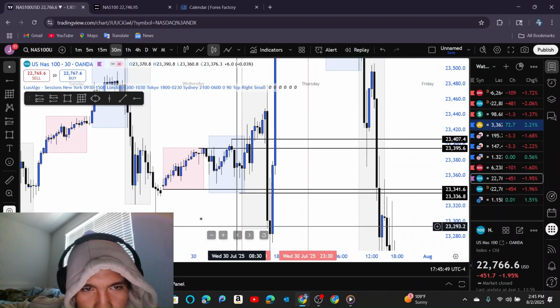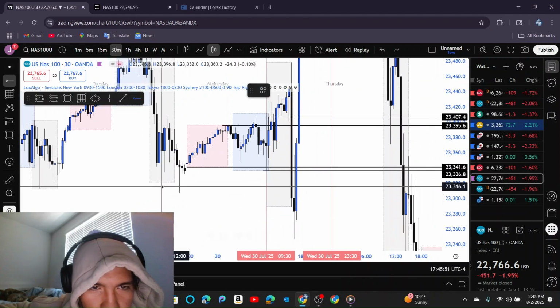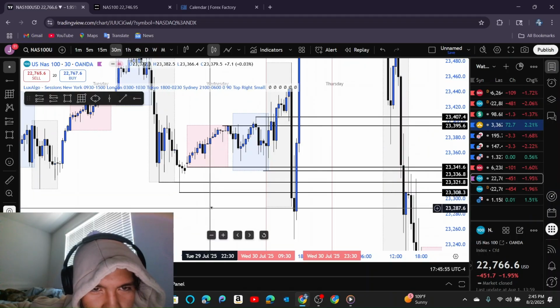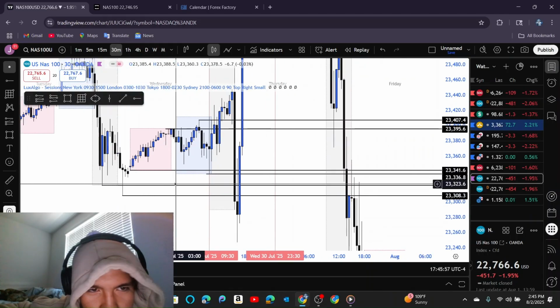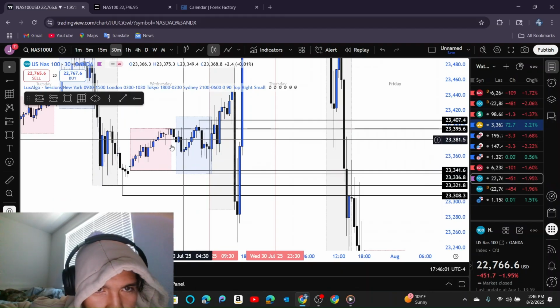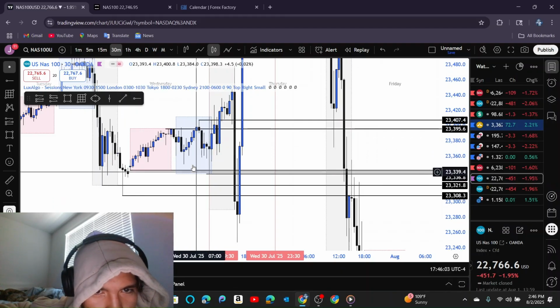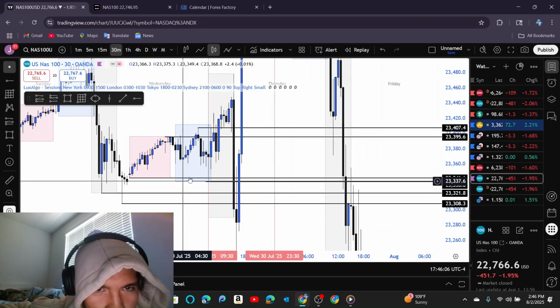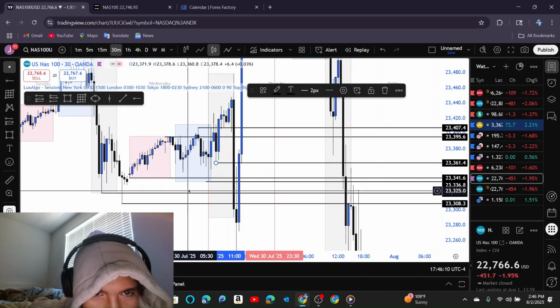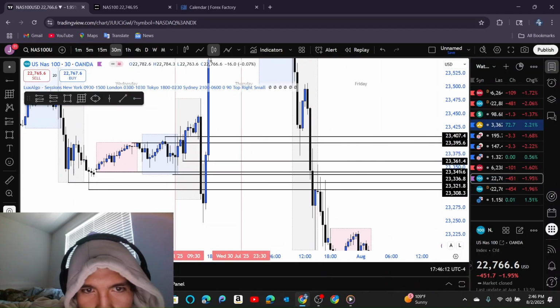Then we have a manipulation to sweep out every low possible: previous day lows, Tokyo lows, Tokyo opening lows, London lows, and then the opening lows for the new day.